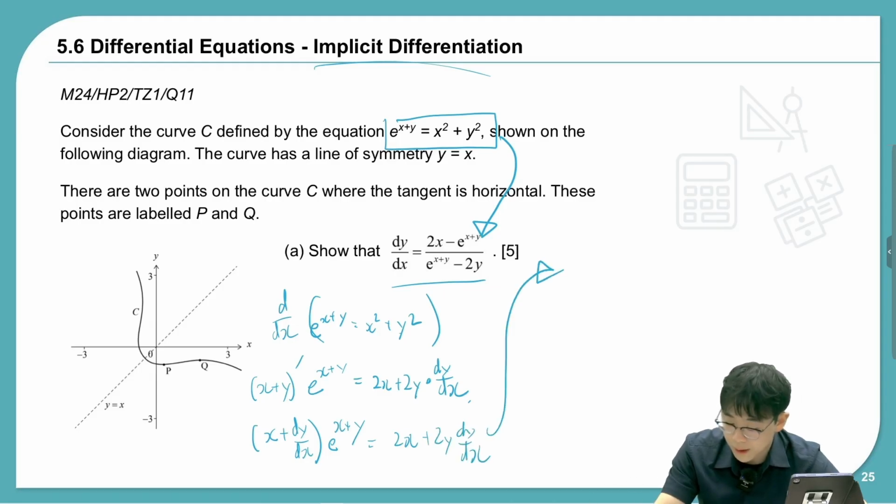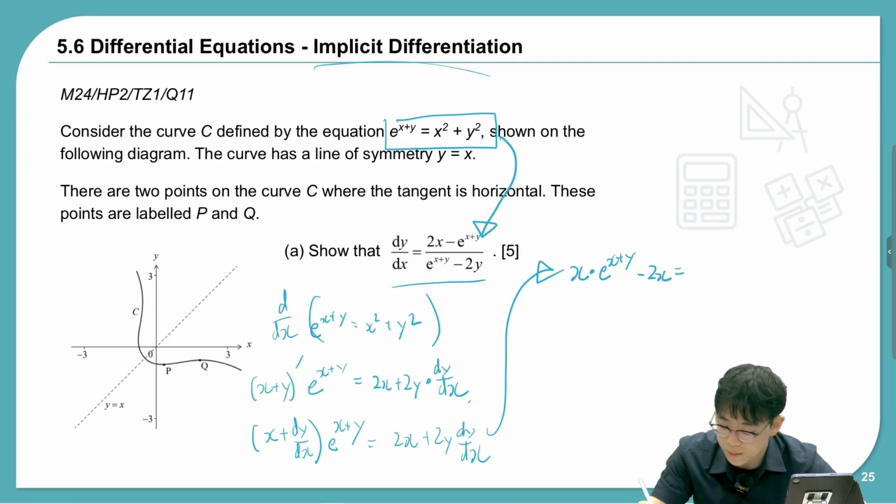So we could rearrange this whole thing again. So we'd leave x times e to the power of x plus y on the left. We would take in 2x from the right, subtract it, and then on the left side we would send this, so we get dy over dx, and we would get negative e to the power of x plus y, and then we would keep 2y here.